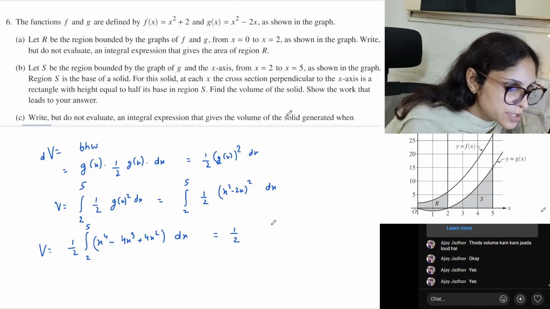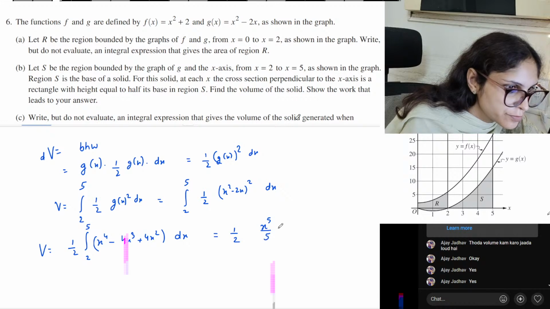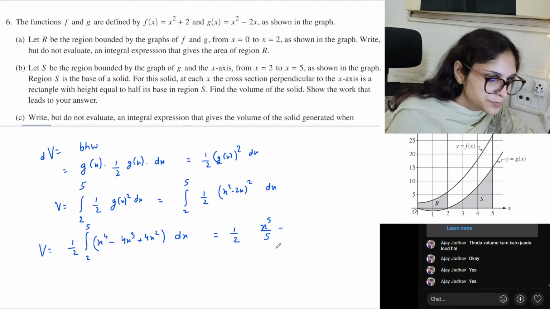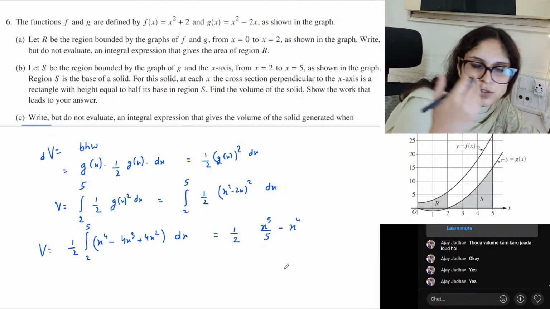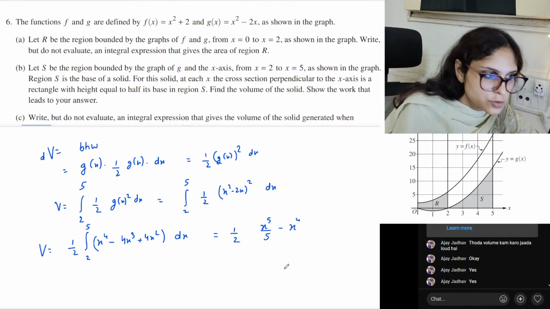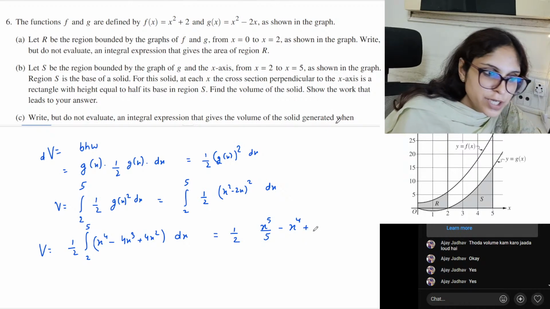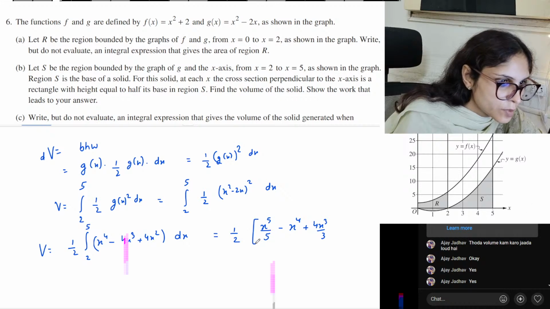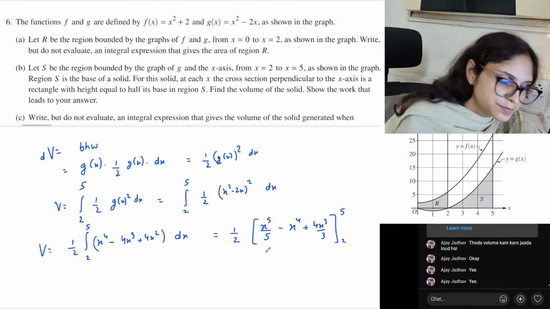So the integration of x to the 4th is x to the 5th over 5. 4x cubed is going to be just x to the 4th, because x cubed integrates to x to the 4th over 4, and the 4 cancels. So I'm just combining those steps. And 4x squared will be 4 times x cubed over 3. And you're going from 2 to 5.